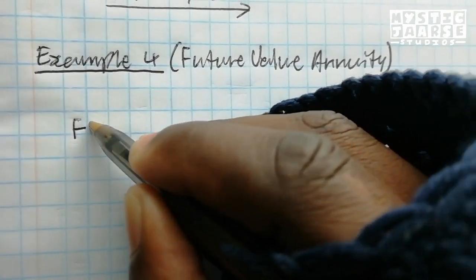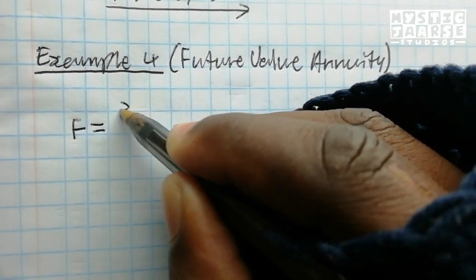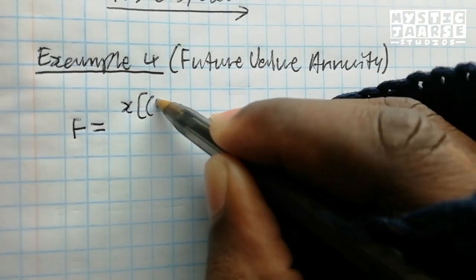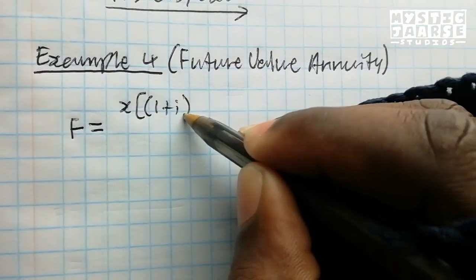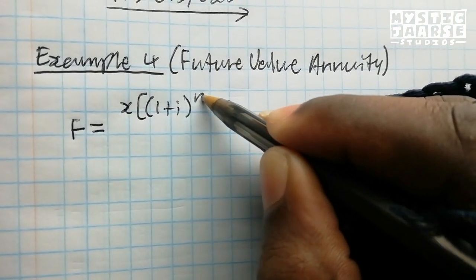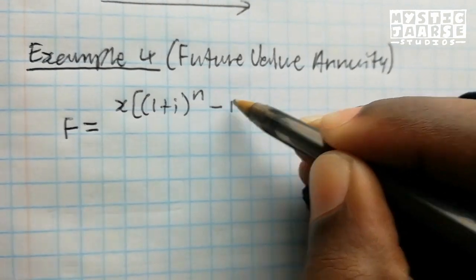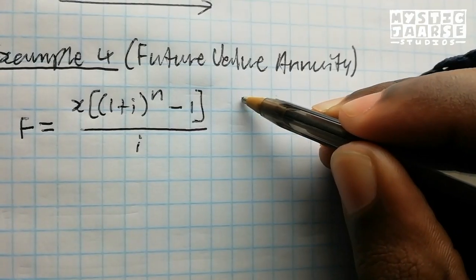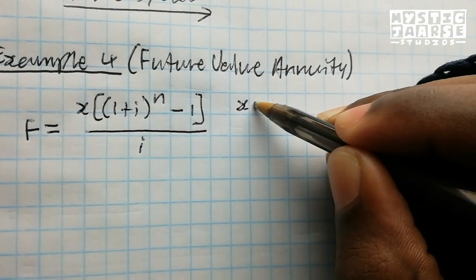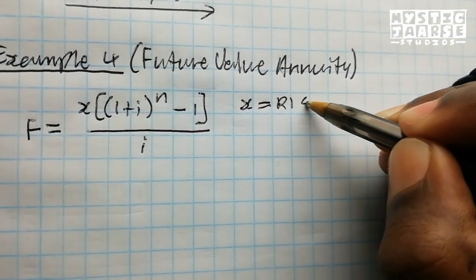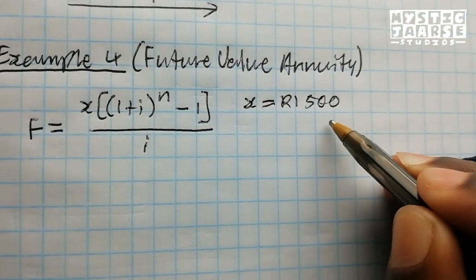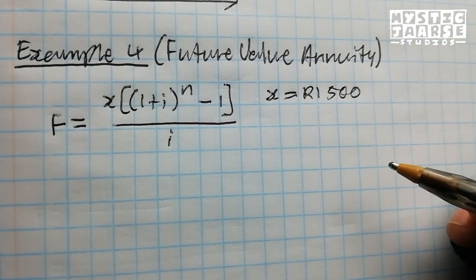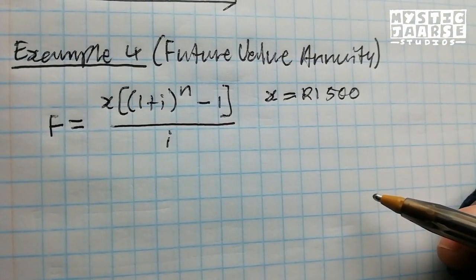Our future value is equal to equal payments into (1 plus interest rate to the power of number of payments, minus 1), all divided by interest rate. Equal payments, which is x, is equal to 1,500 rands, right? This is the money that they will be depositing every month into this account.